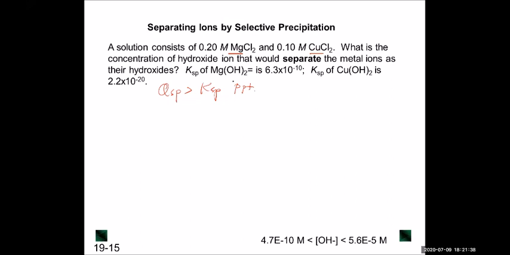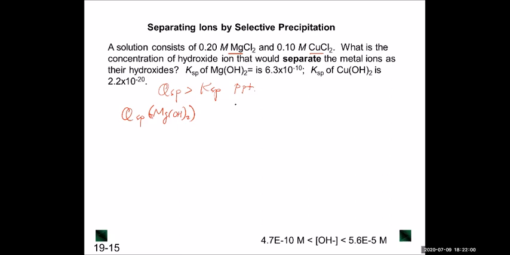The QSP for each metal hydroxide, we calculate. So let's say I do the magnesium first, magnesium chloride, magnesium hydroxide. I will calculate the QSP for magnesium hydroxide.